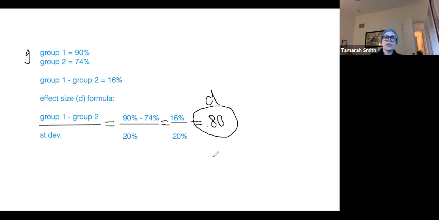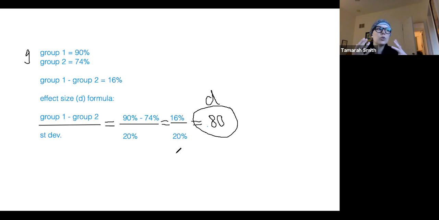If we had a different effect size, say an effect size of 0.30 here, it means they only moved 30% of a standard deviation. If the standard deviation is 20 percentage points, I'm pulling up my calculator, I'm totally cheating, 30% of that is 6. So that would mean they only moved 6 percentage points.